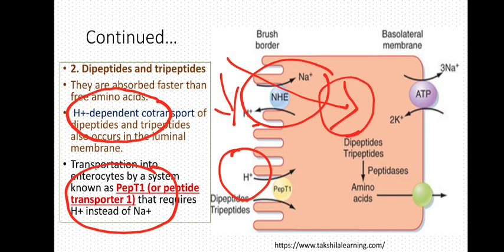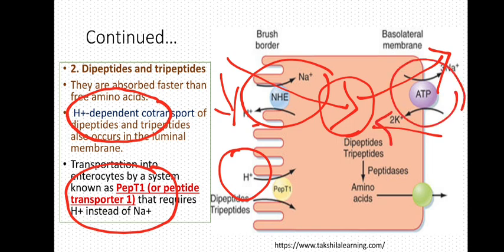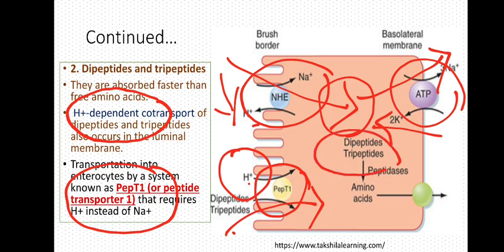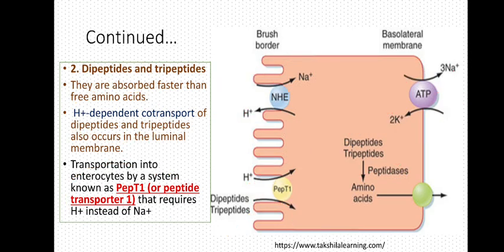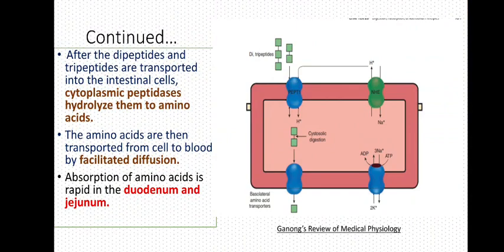To maintain the balance, this sodium is thrown out, potassium is taken in by the help of ATPase. And this proton helps in the inward movement of dipeptides and tripeptides by the help of a co-transporter. When this dipeptide or tripeptide comes into the cell, it is broken down into amino acids, and those amino acids are then taken into the blood.